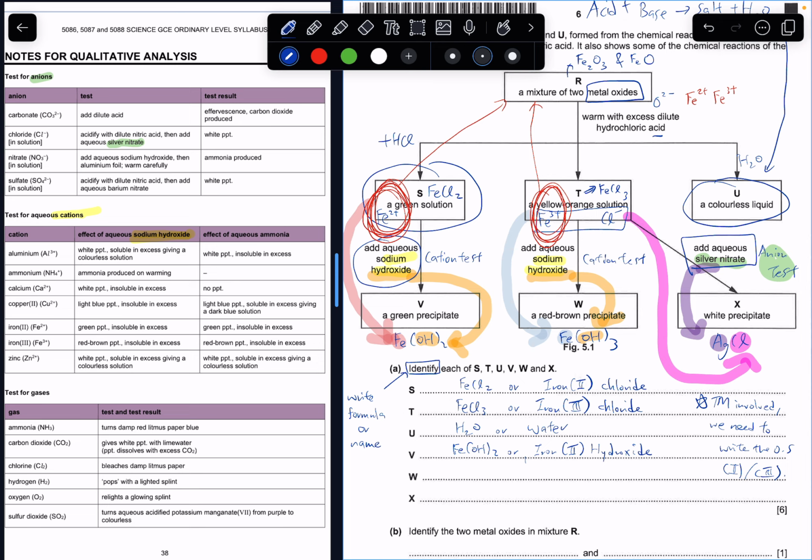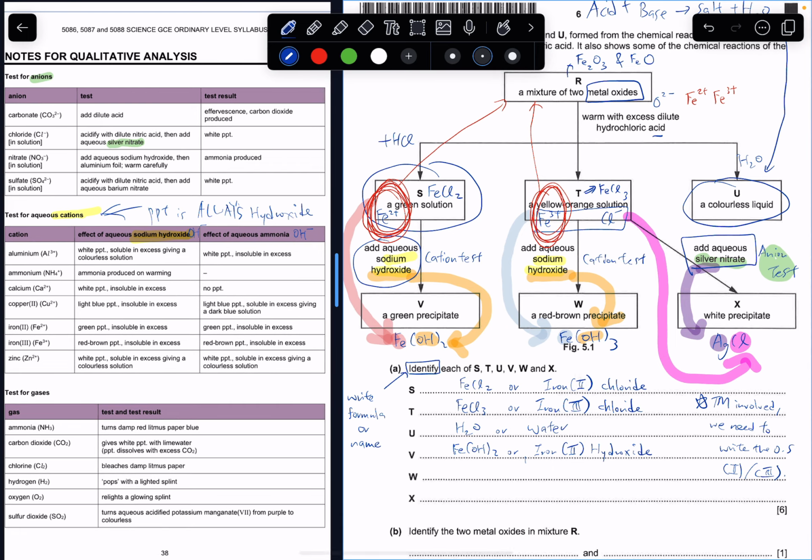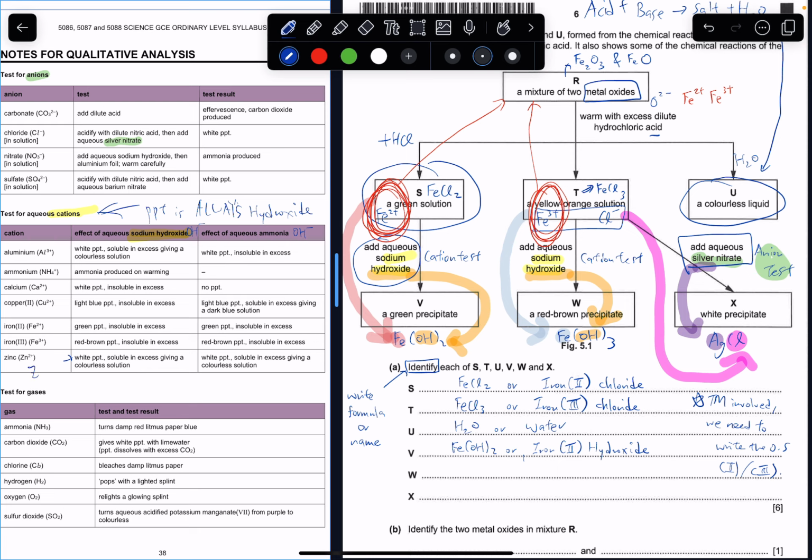Another thing for you here: for cation tests, the PPT is always a hydroxide, because your ammonia provides hydroxide, your NaOH provides hydroxide. So all the PPT in here is hydroxide. For example, this one is zinc hydroxide, this one is Fe hydroxide, and this one is aluminium hydroxide, in case you don't know.